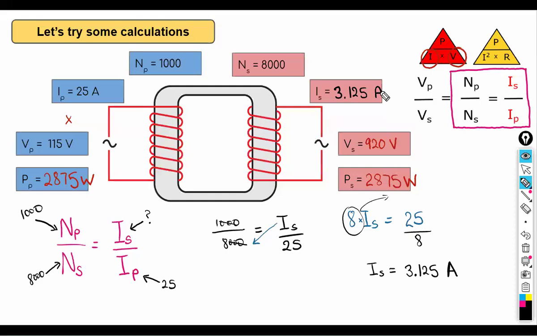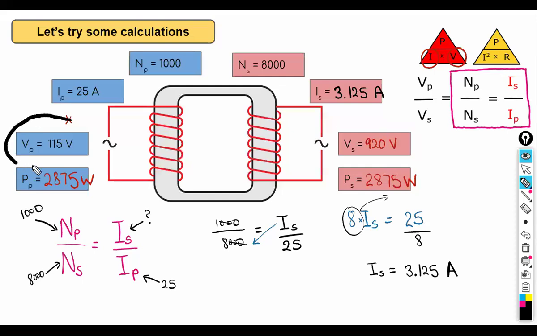Right? So quick question, is this a step up transformer or a step down transformer? Which value do you look at to determine if it's a step up or a step down? Do you compare the voltages or do you compare the current? Right. We're supposed to compare the voltage. The voltage tells us the name of the transformer, not the current. So let me just highlight it for you here.